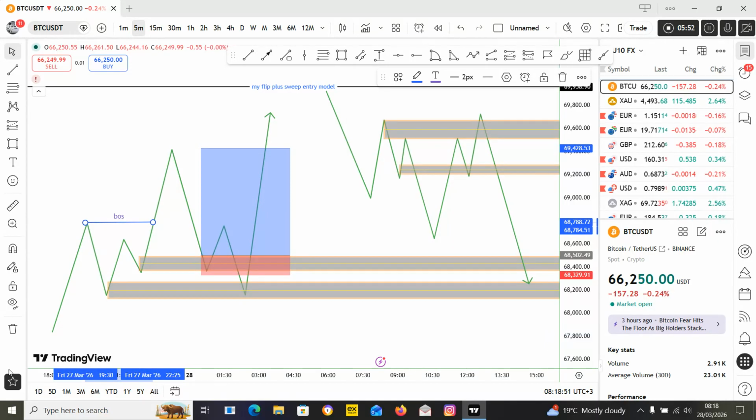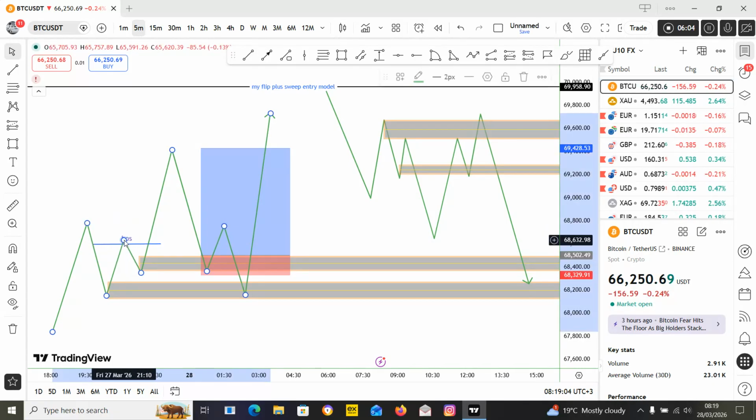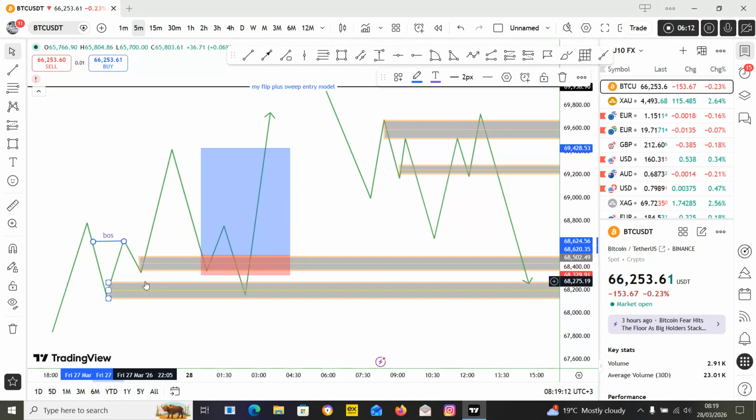So when price is pulling back, firstly it's going to pull back to the nearest demand zone.